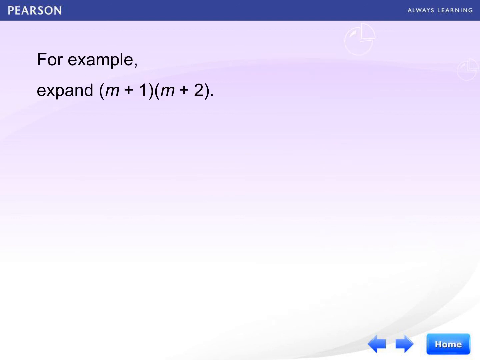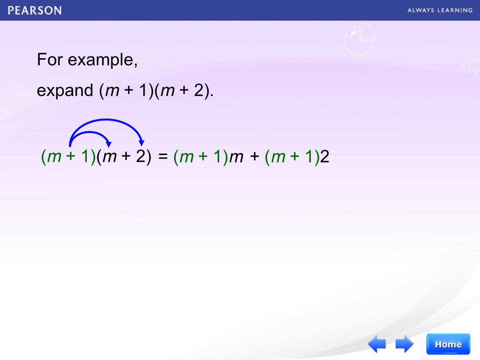For example, how to expand this? m plus 1 times bracket m plus 2. Now you can multiply m plus 1 to the terms in the second bracket. That means m and 2. You multiply it, so you then get bracket m plus 1 times m, plus bracket m plus 1 times 2.